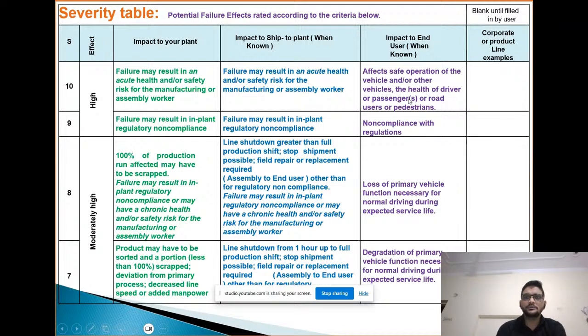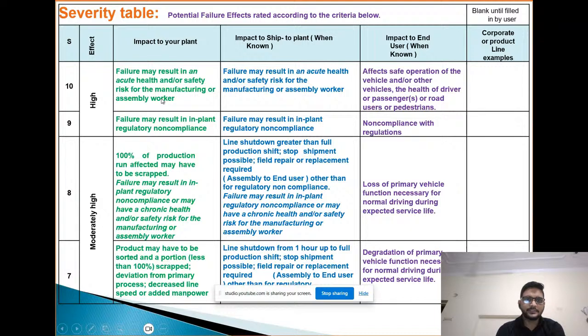Next is impact to the individual. Now, what is the impact on the individual? It affects safe operation of the vehicle or other vehicles, and the health of driver or passenger or road users is predestined. Now, this means severity of 10 and 9.